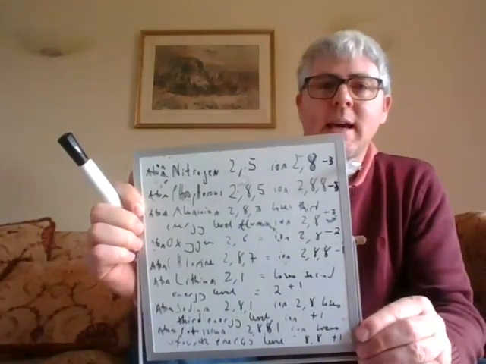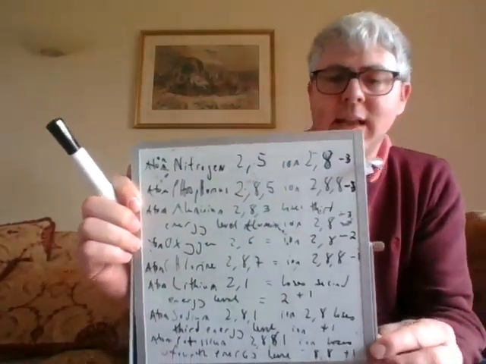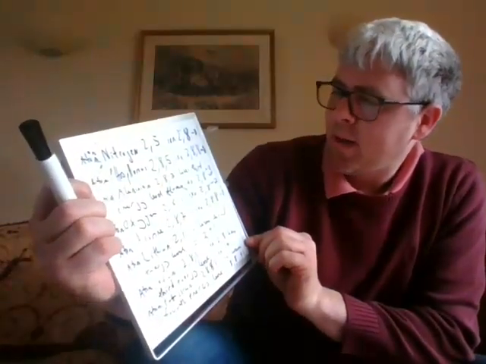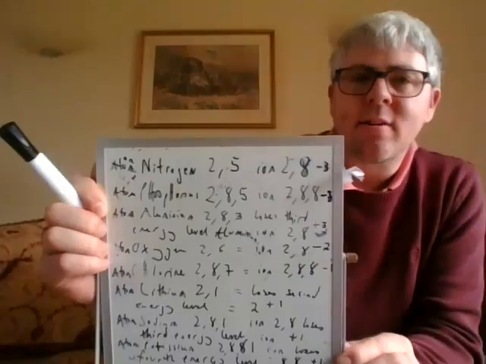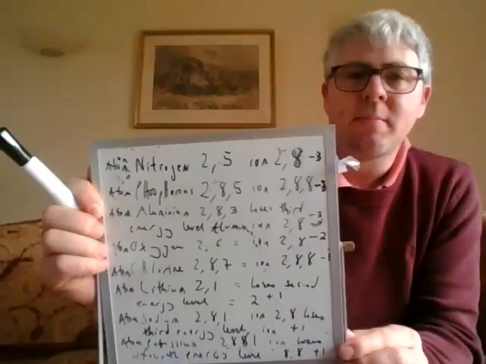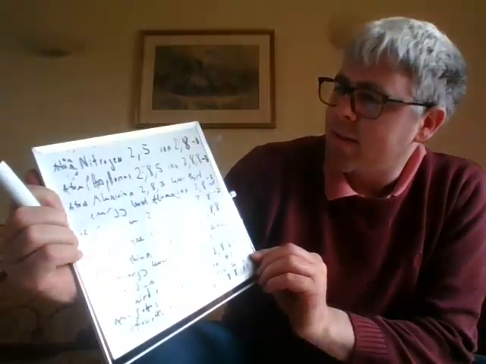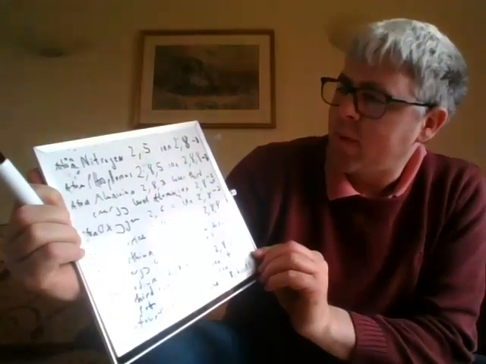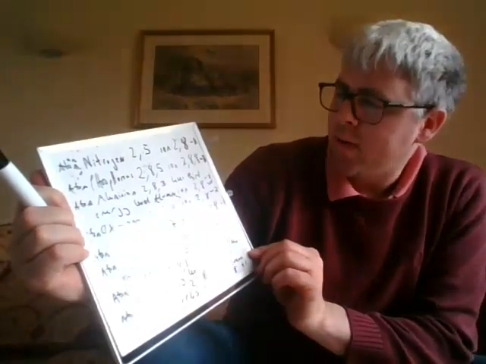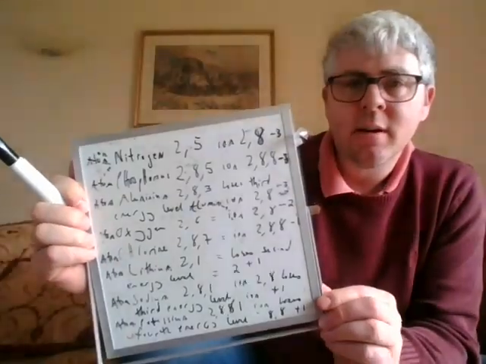So when it loses electrons, it's got a plus, and when it gains, it's got a minus. The non-metals are the ones that gain electrons, and they have a minus charge, and the metals lose electrons and have a plus charge.